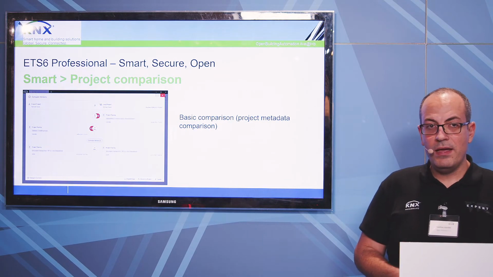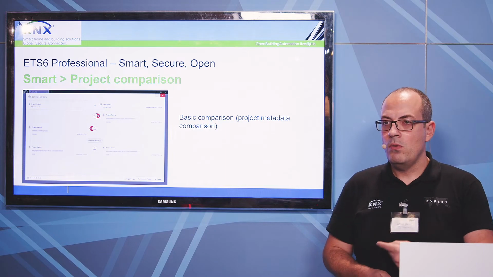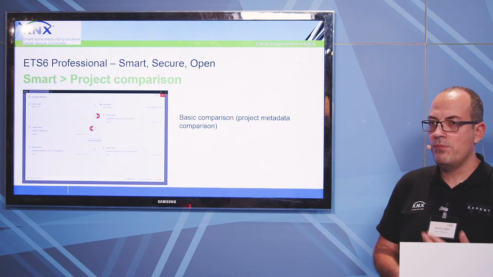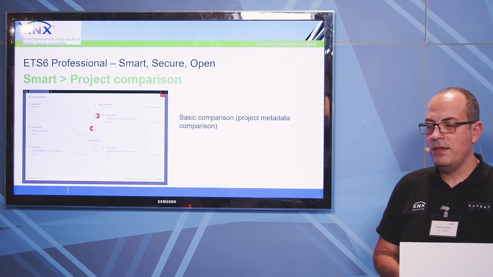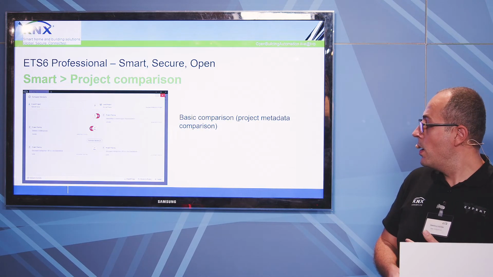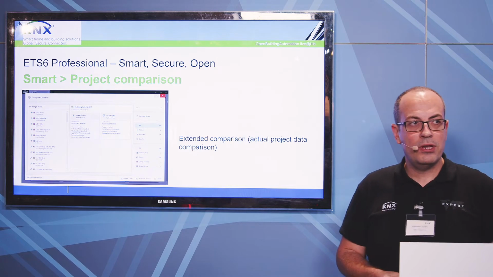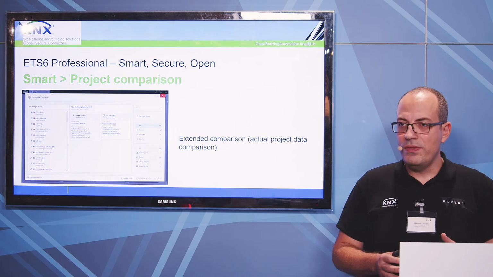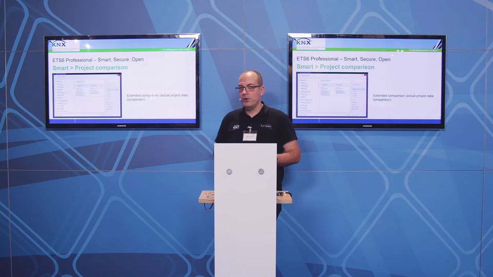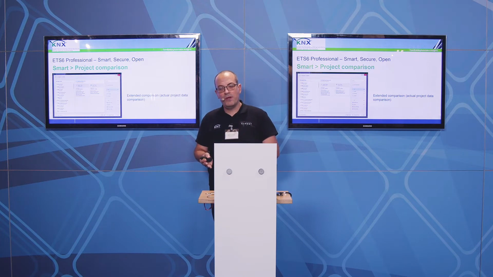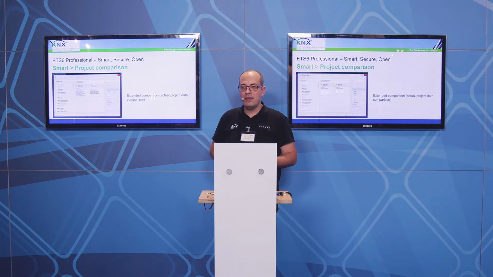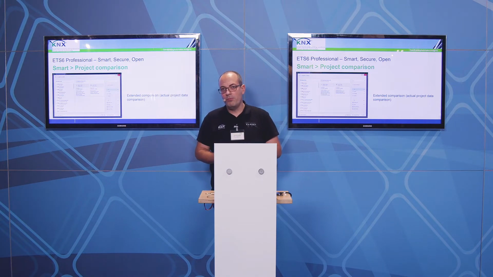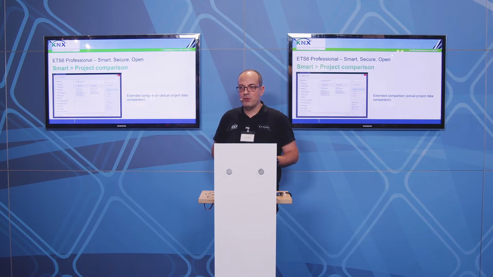In this way, ETS can do a two-level comparison, one basic comparison which compares the project tracings between the existing project and the project to be imported, and the second level of comparison which actually compares and shows the actual project data. So if the project has a new building, has a new room, has a new group address, has modified parameters, then this is visualized and shown in this dialog. And it's also possible to make a printer-friendly version of this comparison feature.